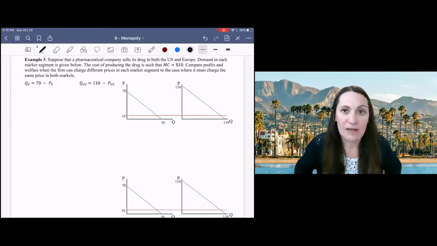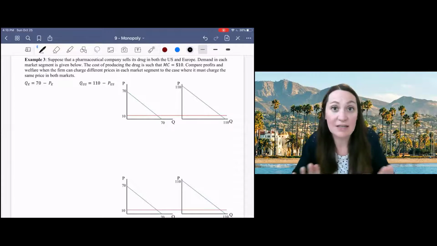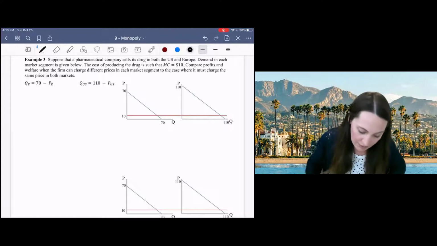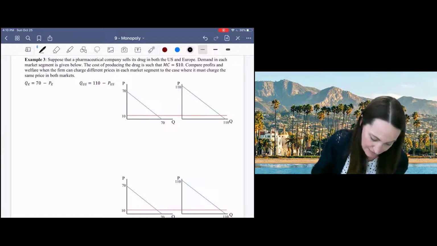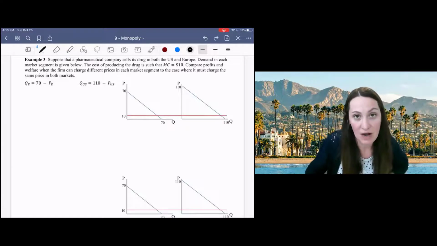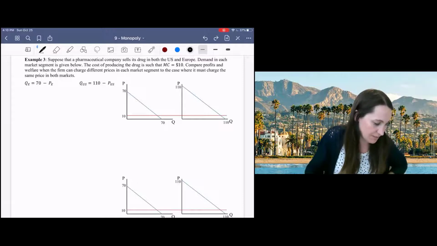So if the firm can charge different prices in each market, they will simply treat each market separately and maximize profit, choosing price and quantity in each market to maximize profit in that market. So what we're going to do here really is to say, in Europe, we're going to set marginal revenue equal to marginal cost, and in the US, we'll also set marginal revenue equal to marginal cost.